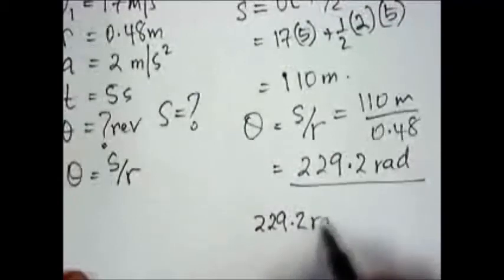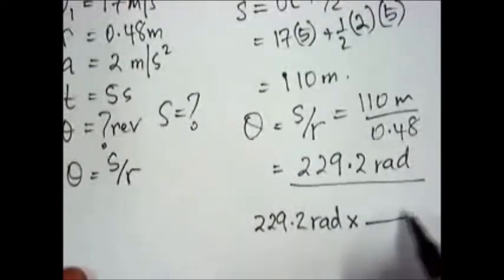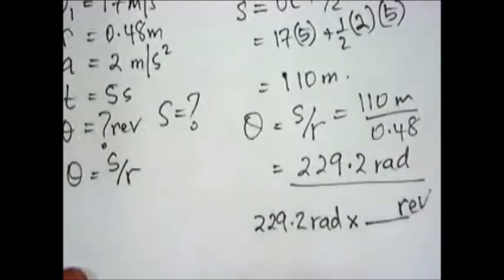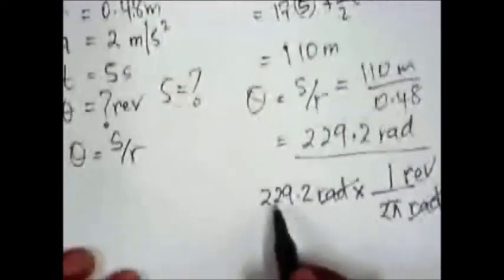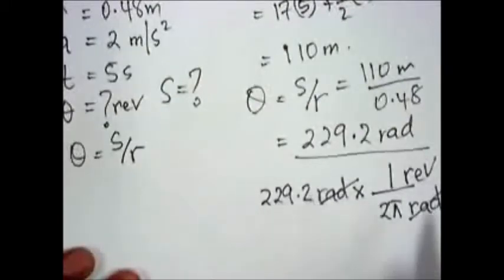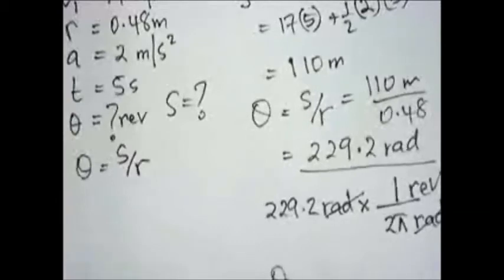229.2 radians, we want revolutions on top, so you put revolutions on top, and you know in one revolution you have 2 pi radians. So the radians cancel out, and if you divide 229.2 by 2 pi, you get your theta in revolutions.